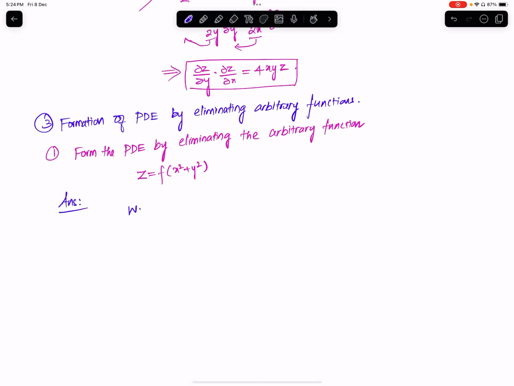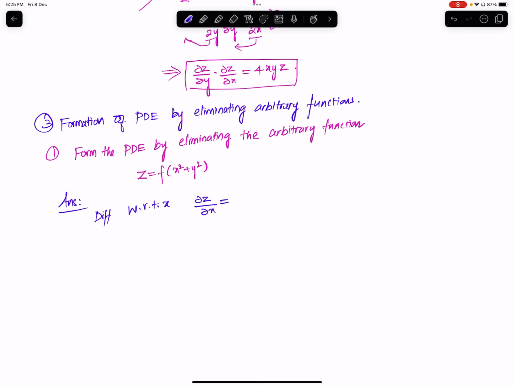Like the previous steps, we are going to differentiate with respect to x. So what do you get? dou z by dou x is equal to, see, while differentiating the arbitrary function, in the place of f we just put f dash, and after that, don't forget, it is like a chain rule.